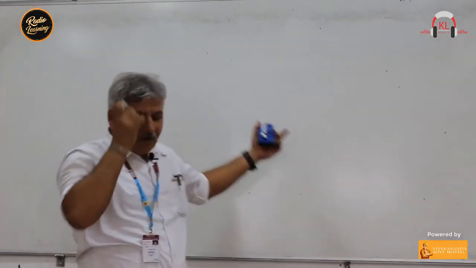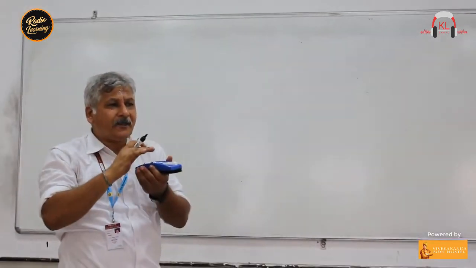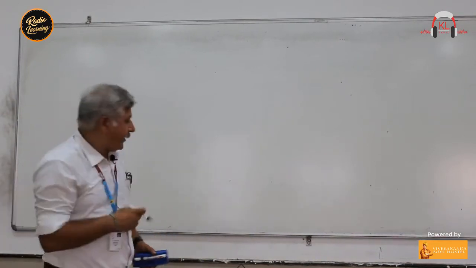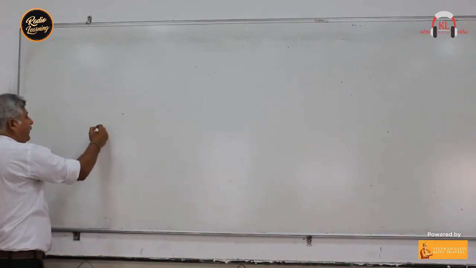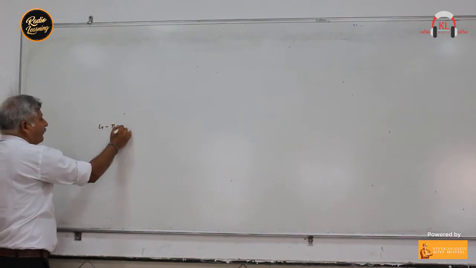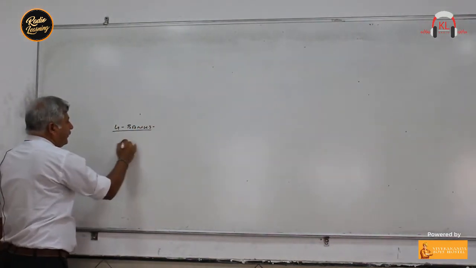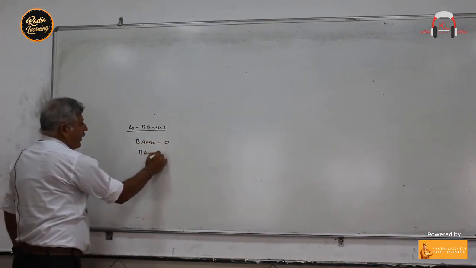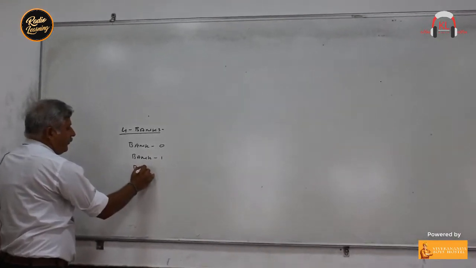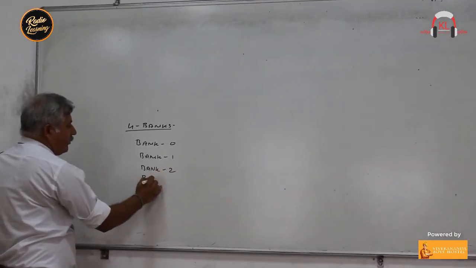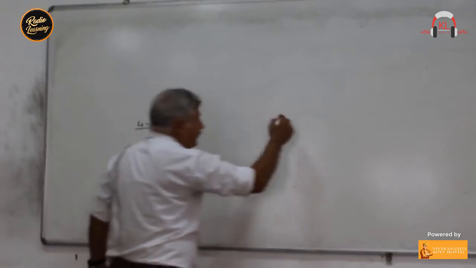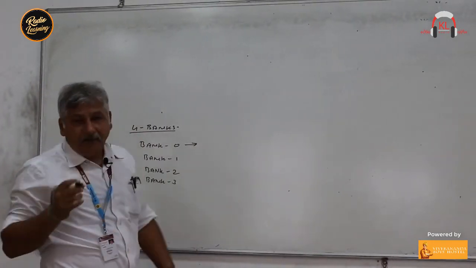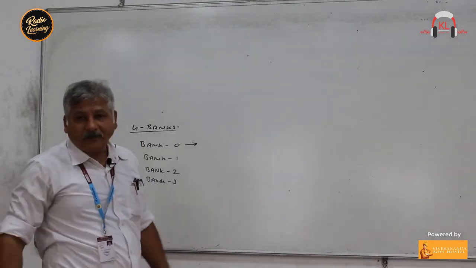In this RAM, which has 128 byte locations, these locations are divided into banks. There are 4 banks in this RAM: bank number 0, bank number 1, bank number 2, and bank number 3. Each bank can have 8 memory locations, 8 registers.